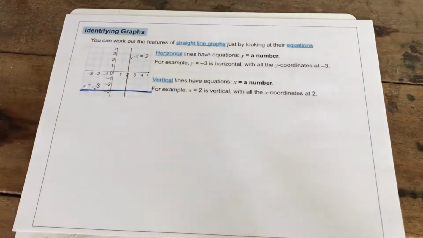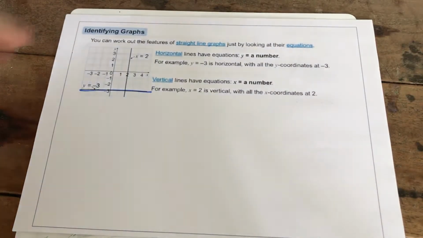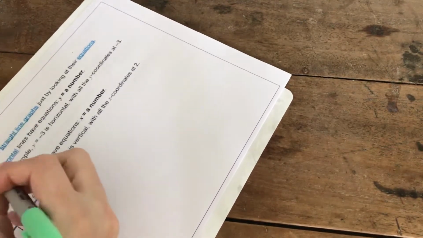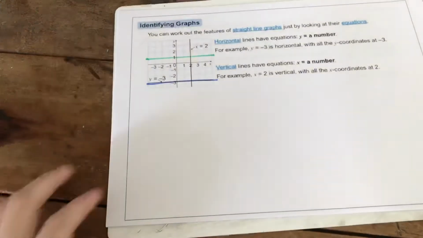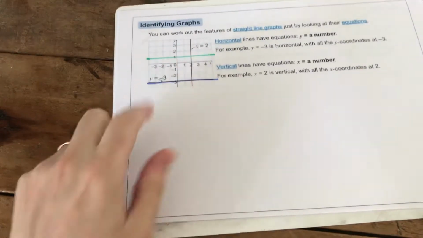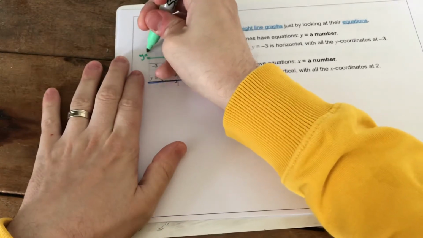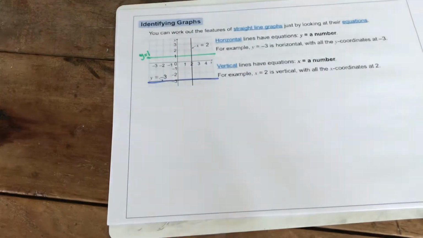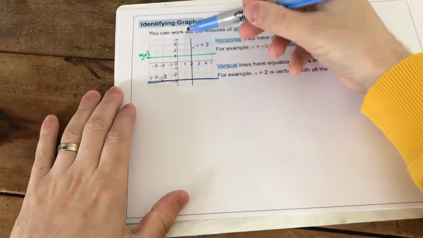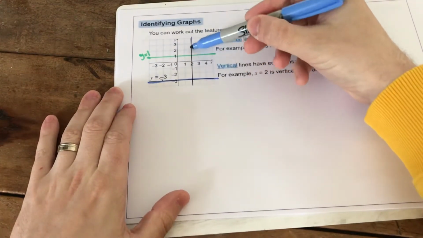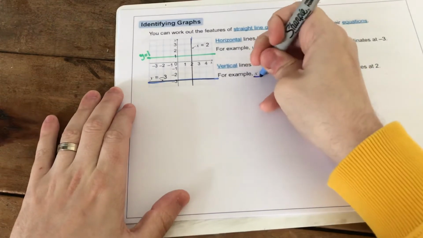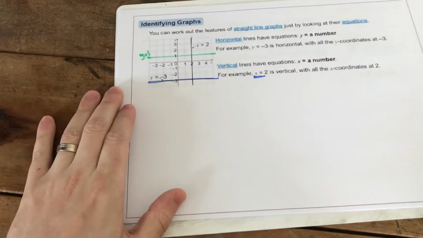If I was to draw another horizontal line on, I'll get my ruler and draw my line on it, which I will do now. This horizontal line goes through 1 on the y-axis, so it has the equation y equals 1. For vertical lines, they go up, and they all start with x equals.